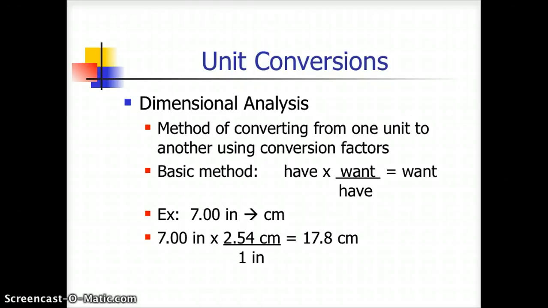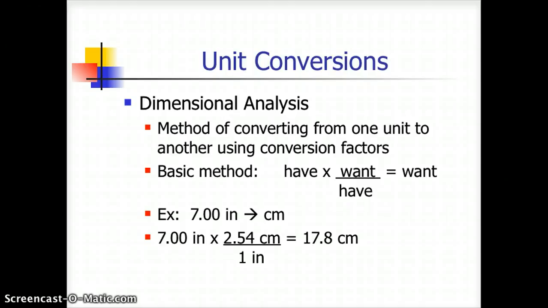An example would be converting from inches to centimeters. If I have 7 inches and I want to know how many centimeters that is, I start out with what I have, 7 inches. I set up my conversion, which can be found on the reference packet that you have on the front there. If you look on there, you can find that there are 2.54 centimeters in 1 inch.